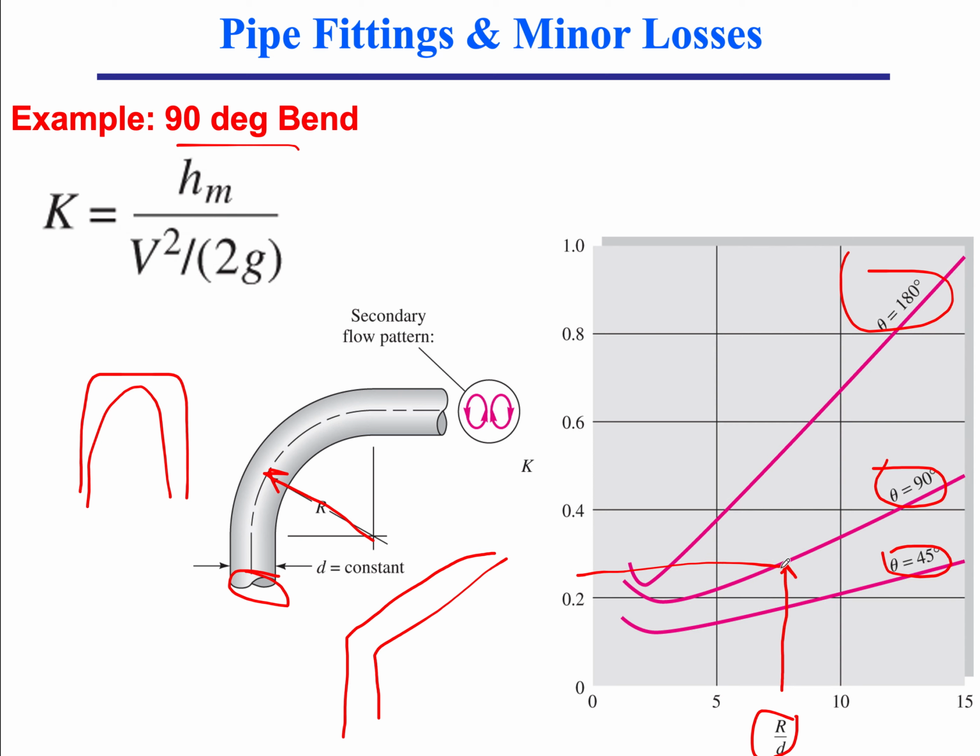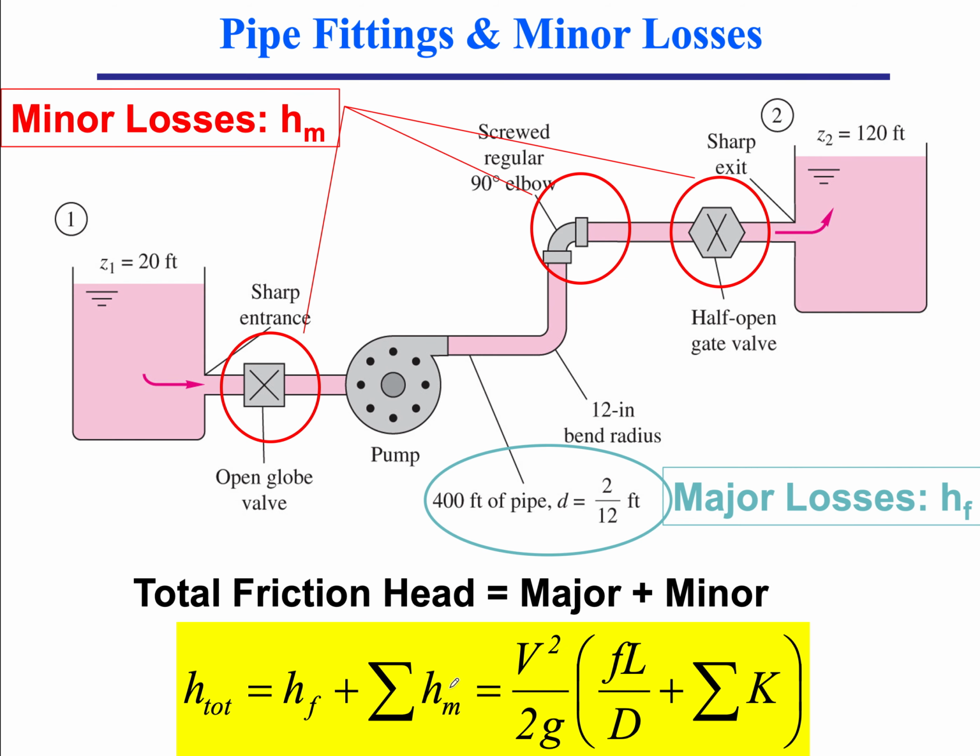But if I'm a 180-degree curve bend, my K is going to be maybe 0.5. And then you take this 0.5 multiplied by V squared over 2g. The V is obvious here, and you get the minor head loss. And that minor head loss, you compute it for each one of those and you sum them all up.